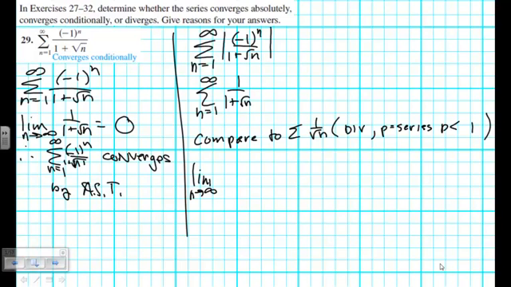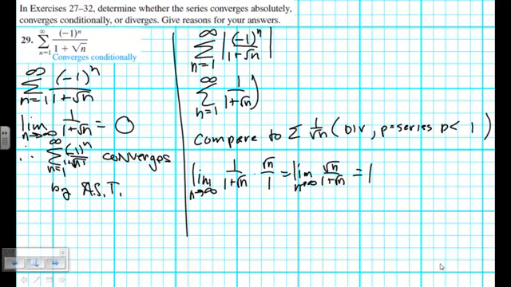The limit as n approaches infinity of 1 over 1 plus root n, multiplied by the reciprocal of the other nth term. You just get root n over 1 plus root n, which you can either do intuitively, or you can divide everything by root n and you get 1 over 1 over root n plus 1.